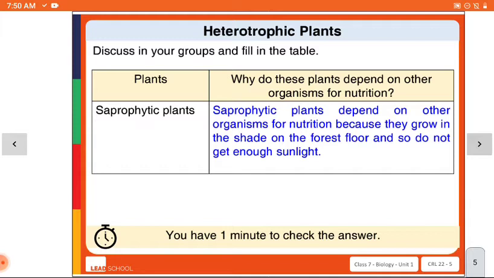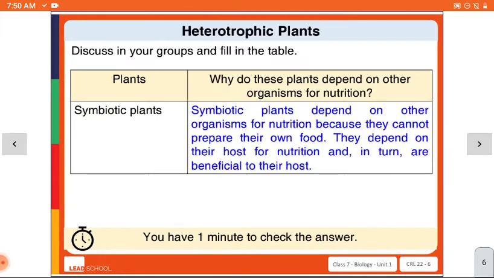So that's why they obtain food from another plant. Last one is the symbiotic plant. The symbiotic plant depends upon other organisms for nutrition because it cannot prepare its own food. They depend upon the host for nutrition and in turn they are beneficial to their host.